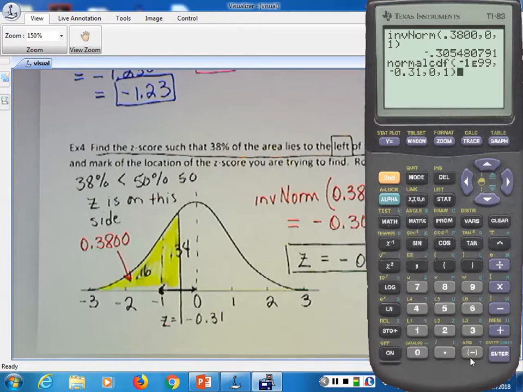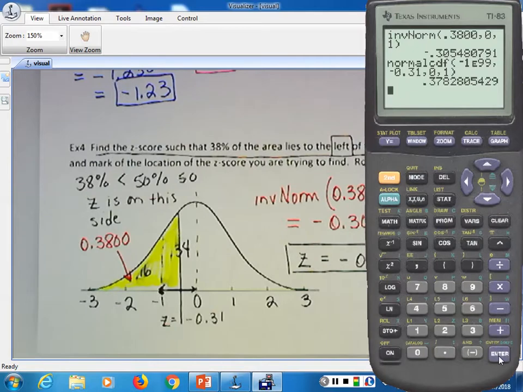It should come back and tell me something close to the probability I was given to start with. So it should be close to, maybe not exactly 0.38, but close to that. So I hit enter. And that's close to it, okay?